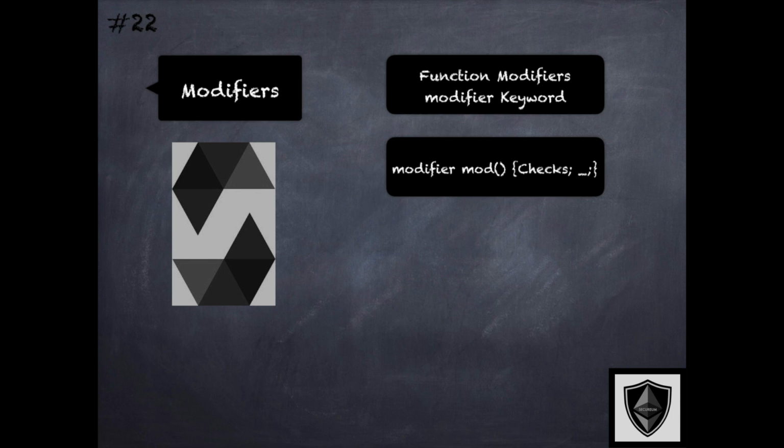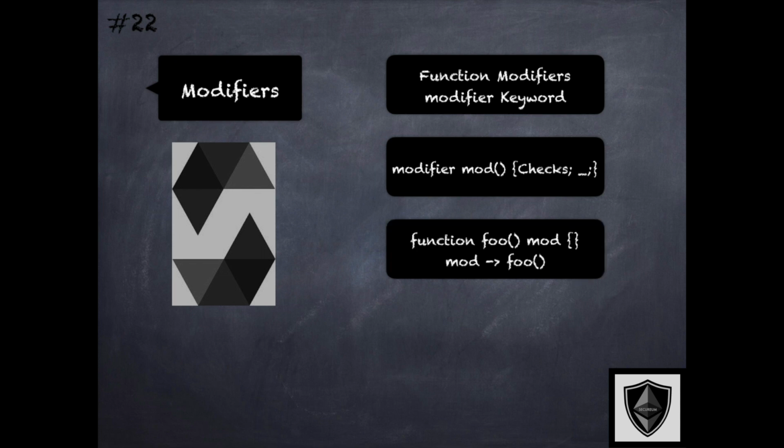And the reason for that is how the modifier is used along with the function. So in this case, if there is a function foo on which this modifier is applied, then the control flow, whenever this function foo is called, goes first to the modifier.